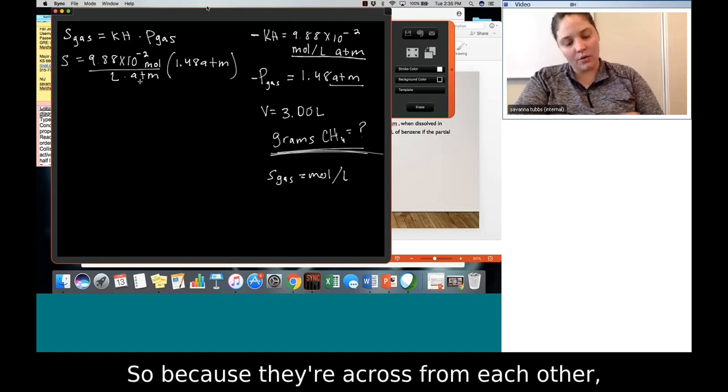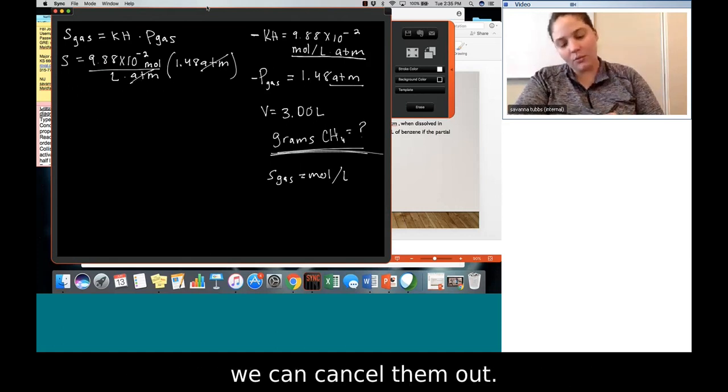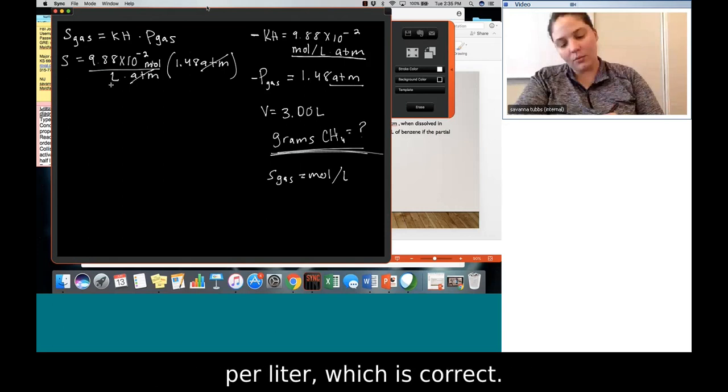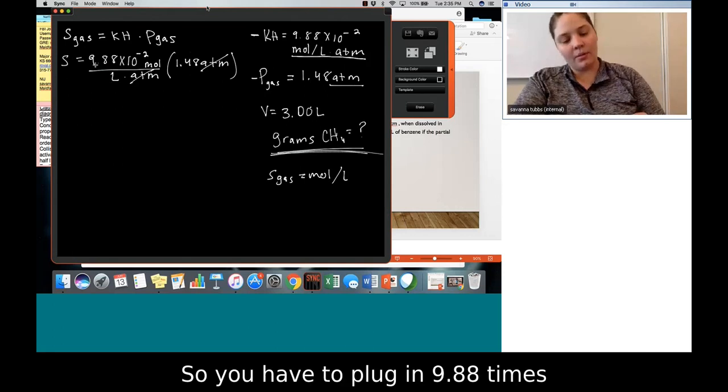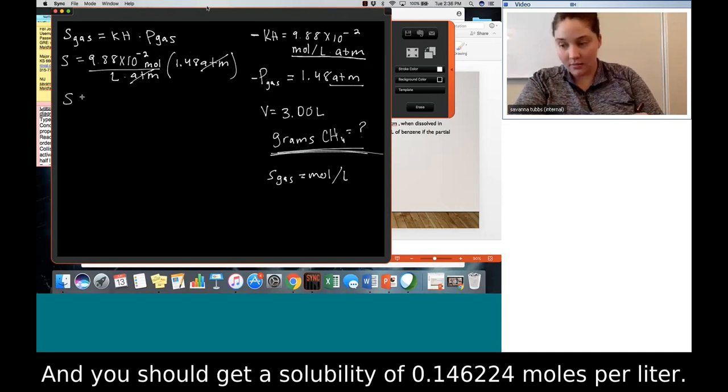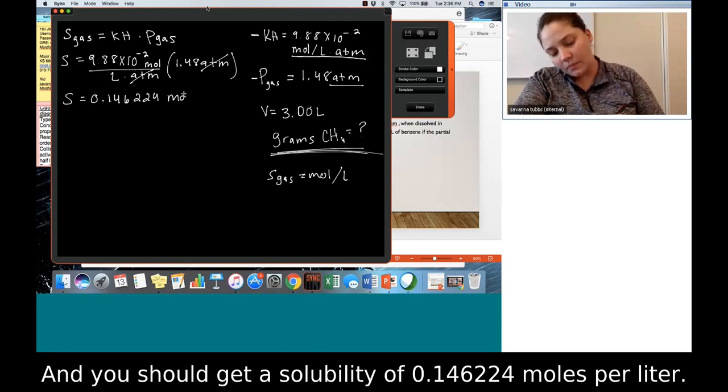Because they're across from each other, we can cancel them out. So we know that our S gas will be in moles per liter, which is correct. So you have to plug in 9.88 times 10 to the negative 2 times 1.48, and you should get a solubility of 0.146224 moles per liter.